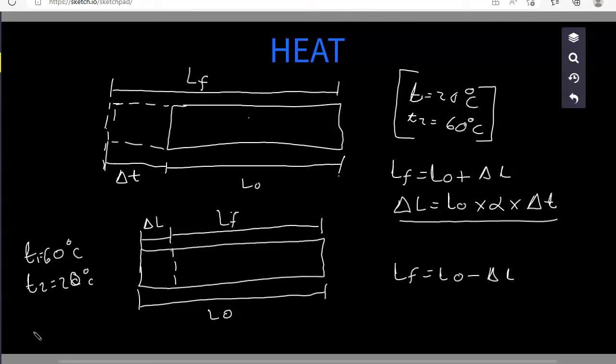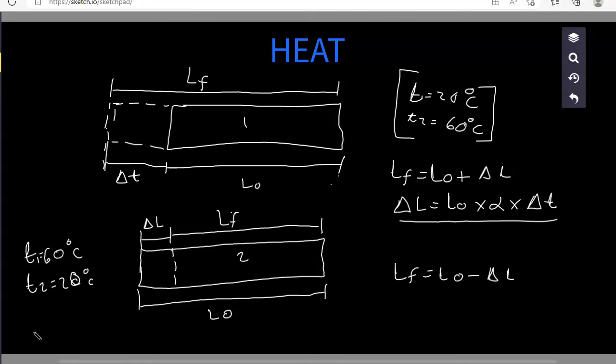Let's say this is number 1, this is number 2. Here, the material is experiencing an increase in temperature, and as a result it is increasing in length. In number 2, we are experiencing a decrease in temperature, and as a result we have a decrease in length.